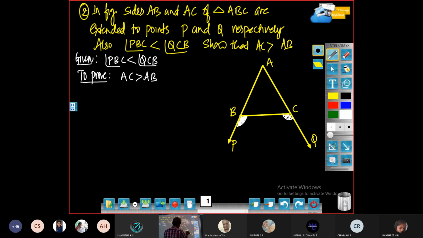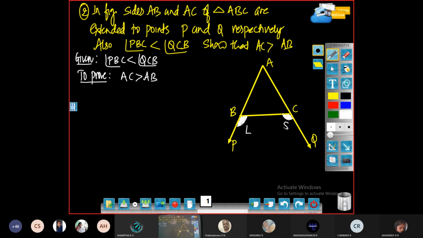Here we have the comparison of which is larger. Larger angle is PBC. Simply I will write L for larger, and S for smaller.